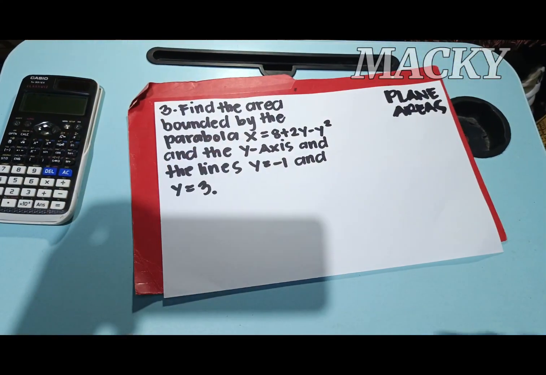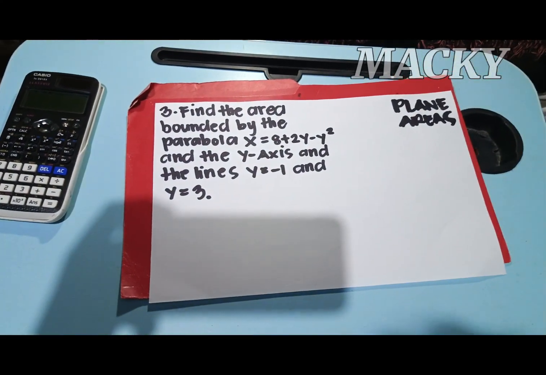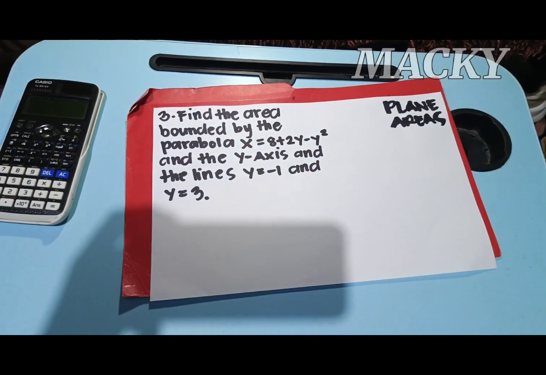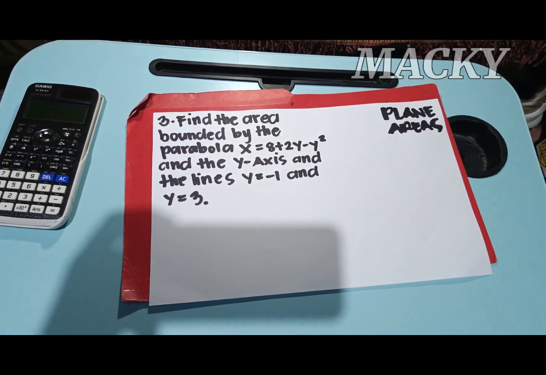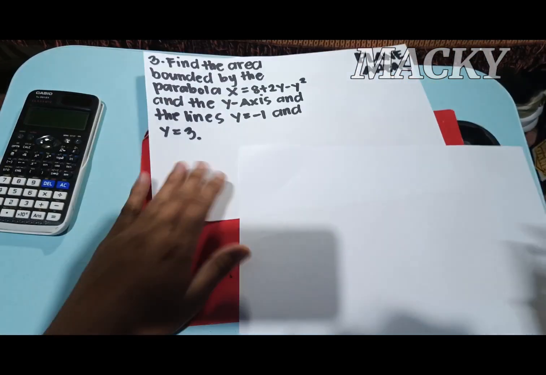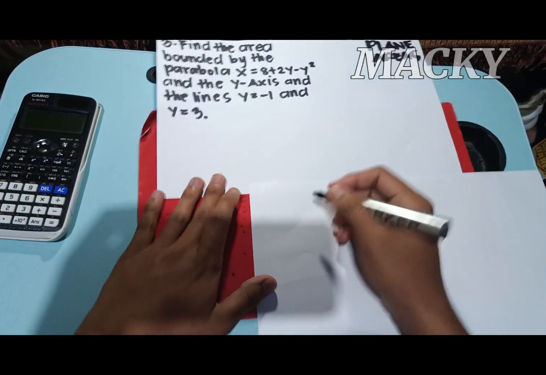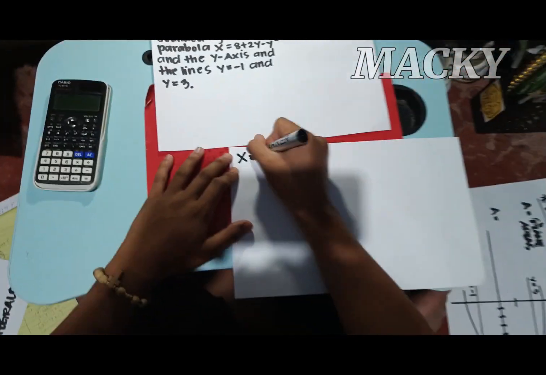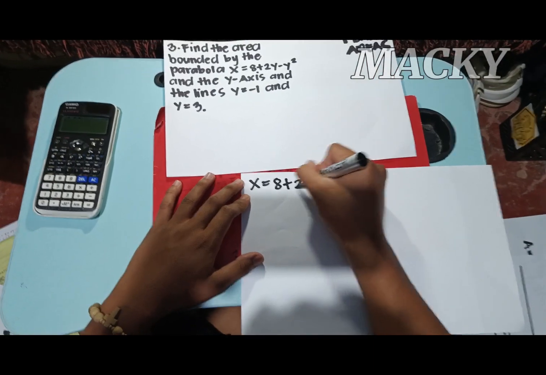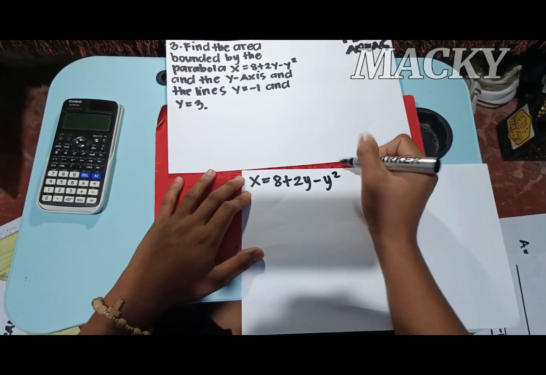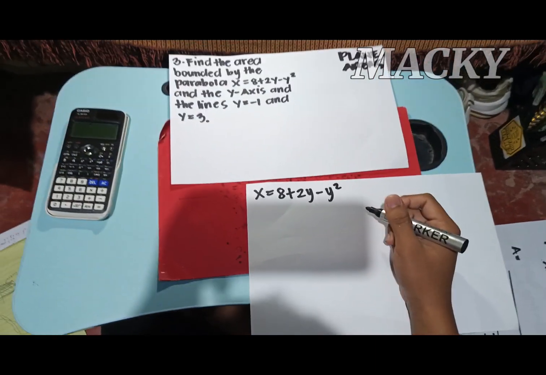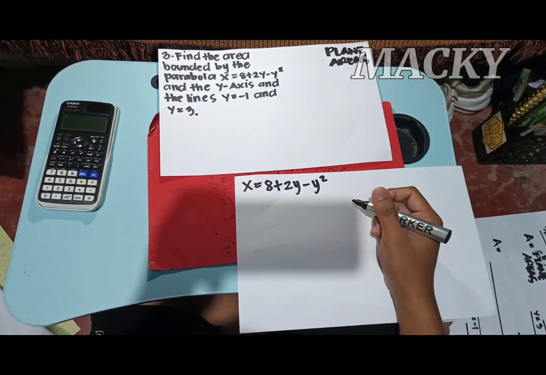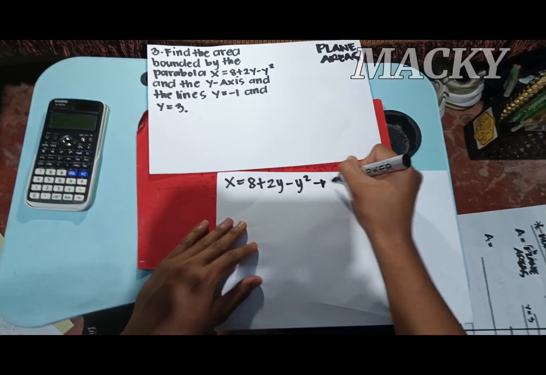So the given is x is equal to 8 plus 2y minus y squared, which is our parabola.